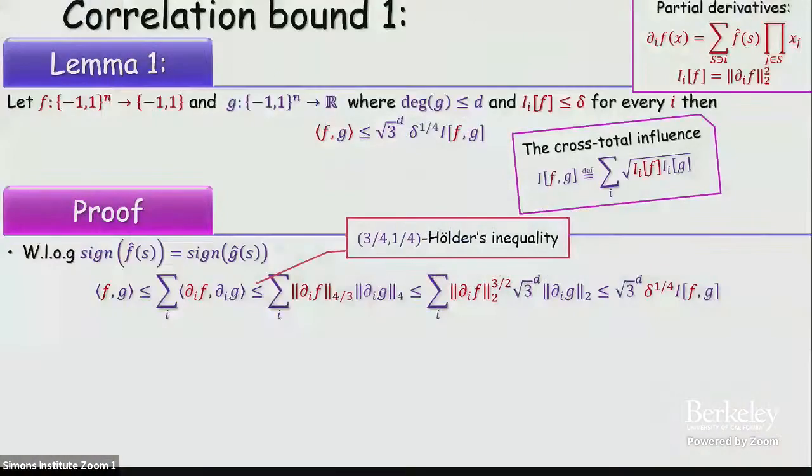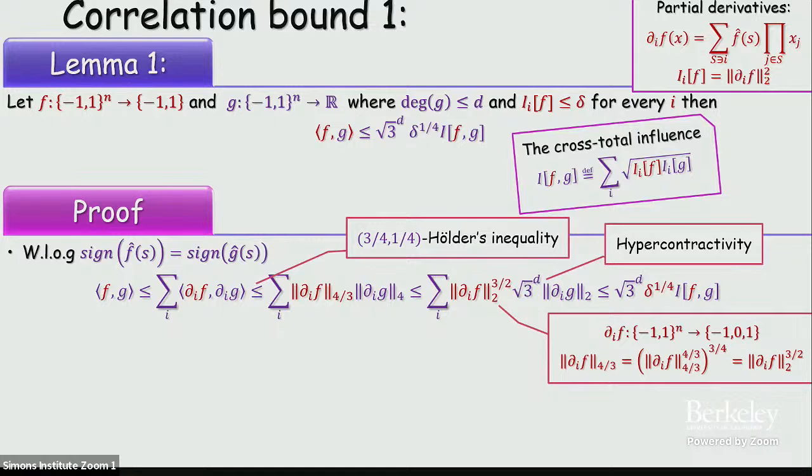We put the fourth norm on g, which is general, and then we get the four-thirds norm on the derivative of f. Now using hypercontractivity, we get a factor exponential in d. But we know that d is the degree that g is bounded by. And for the other one, it is very useful to know that this is a derivative.